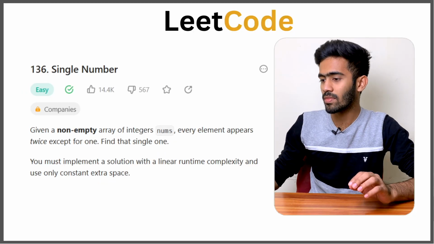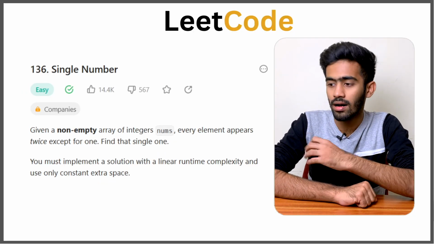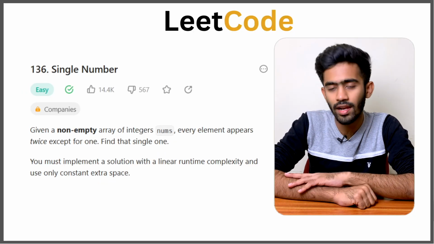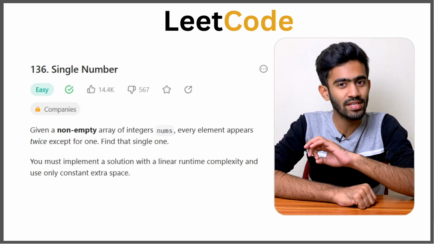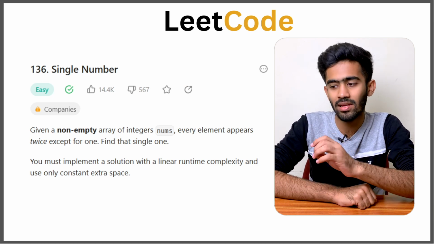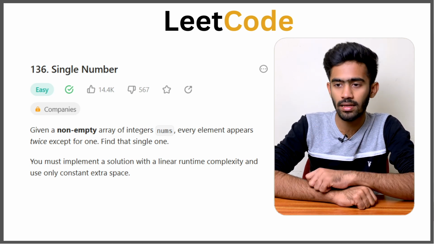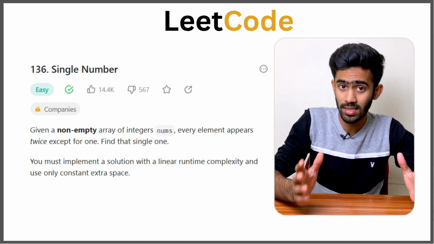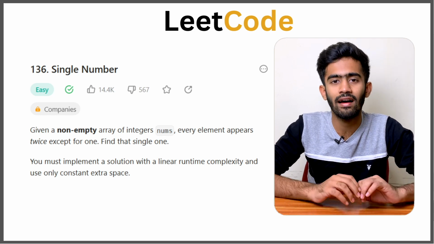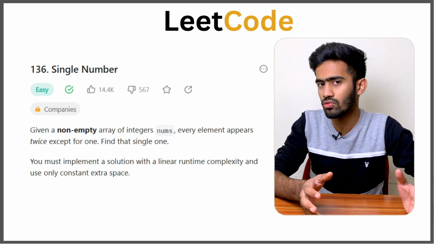So let's get started. Here we have a question, single number. Given a non-empty array of integers nums, every element appears twice except for one. Find that single one. For example, let's say we have an array 1 1 2 2 3.